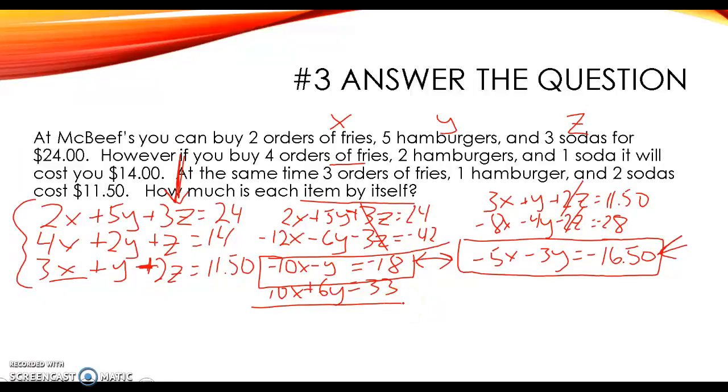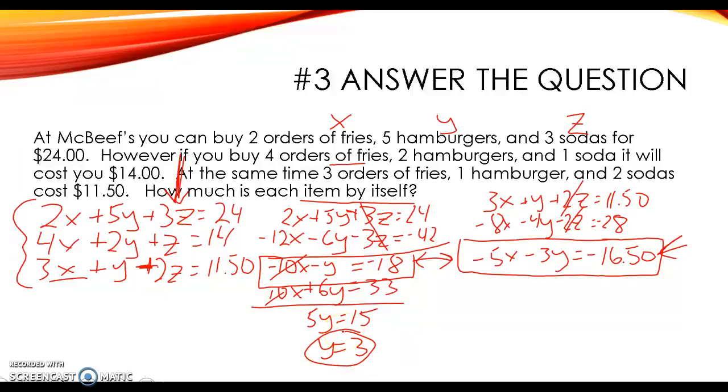So when I add these equations together, my x's are eliminated, and I'll have negative y plus 6y is 5y, and negative 18 plus 33 is 15. So if I divide both sides by 5, I'll have that y is 3.